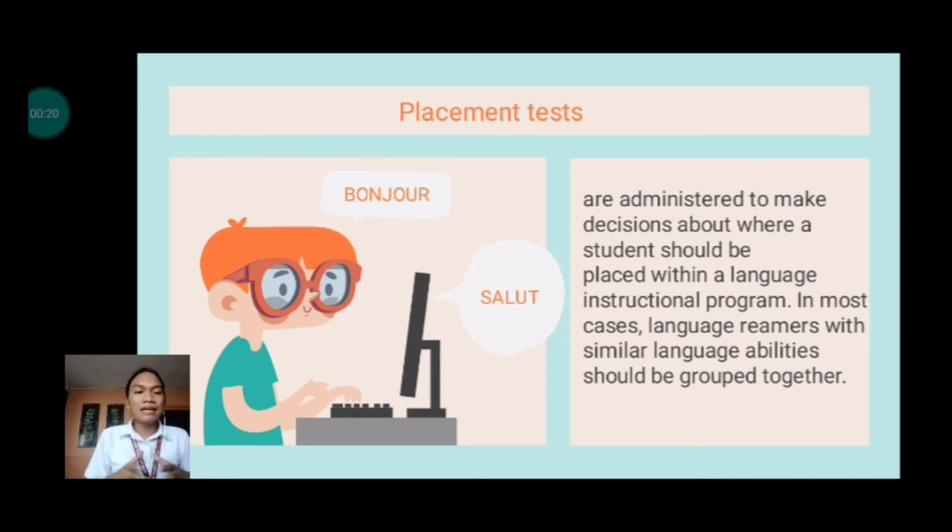A placement test is usually given to a student entering an educational institution to determine specific knowledge or proficiency for appropriate courses or classes. For example, this assessment may be used to determine whether a student is ready to take on English language courses, etc.